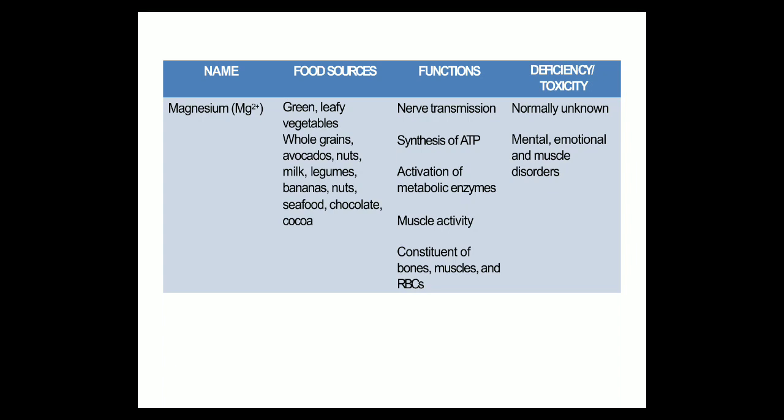Functions of magnesium: it will help for nerve transmission, very important. Another one is for synthesis of ATP. Next is activation of metabolic enzymes. Next, muscle activity, and last one, constituent of bones, muscles, and red blood cells.